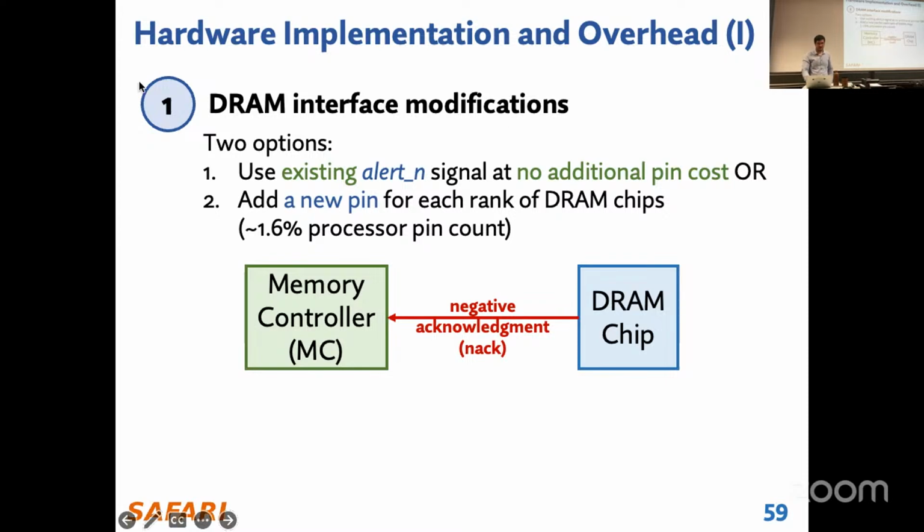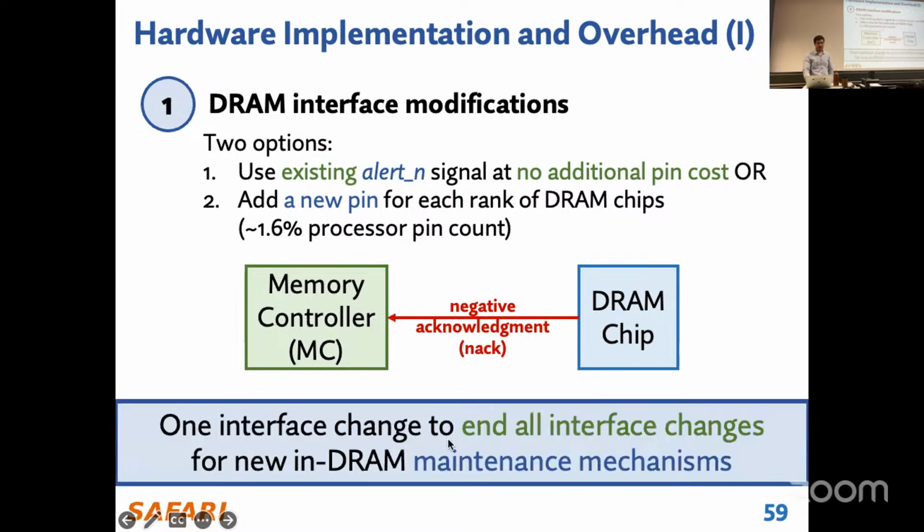The second option is to add a new pin for each rank of DRAM chips, and comes down to about 1.6% processor pin count for a modern many-channel server system. Again, we do this once to hopefully prevent future modifications in the DRAM interface from implementing new maintenance mechanisms.